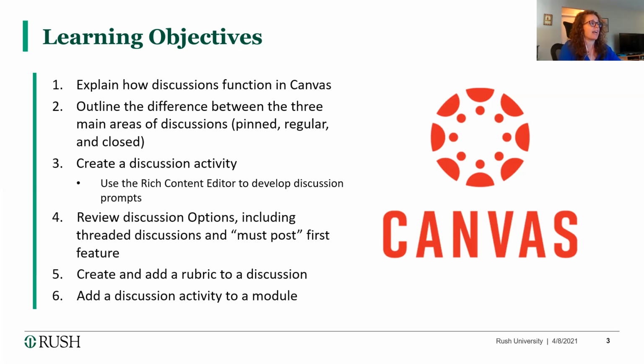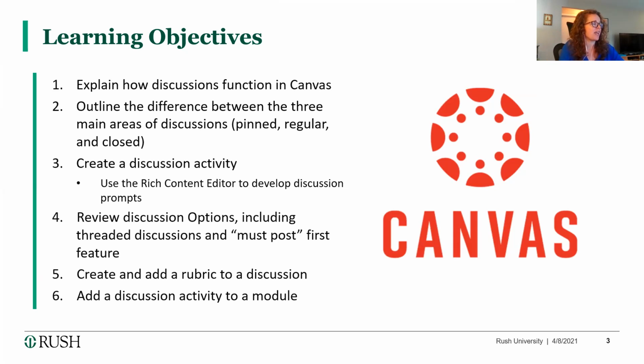We'll create a discussion activity and use the rich content editor to develop a discussion prompt. We'll review discussion options, the various settings included in your discussion assignment, such as threaded discussions and the must post first feature, and discuss when you might want to use such features in your course.